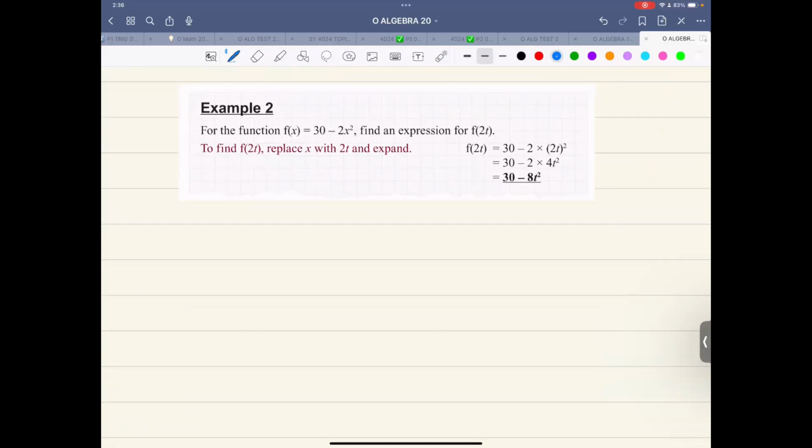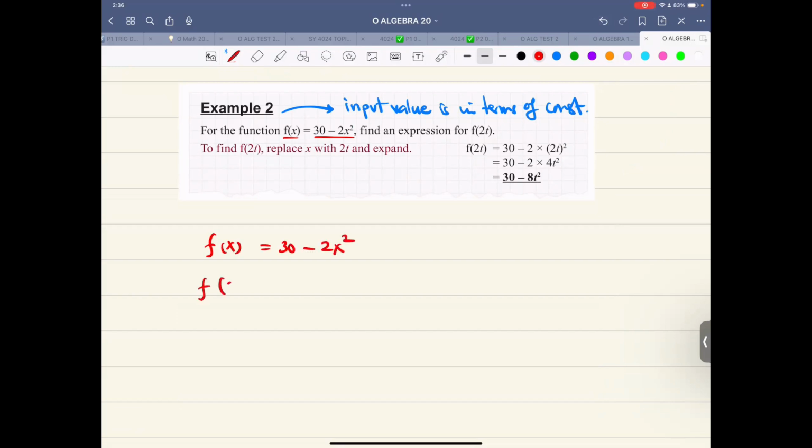Something like this, where the input value is in terms of some constant. For example, f of x is 30 minus 2x squared.